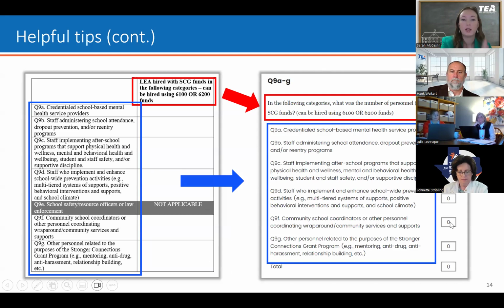So whereas with the last fillable table, we went question by question, this one is all in one spot. So when you get to this question, you'll notice it goes Q9A, B, C, D, and then it skips over E. That's not an error on our Qualtrics form. That's just because Q9E is not applicable to our grant program.